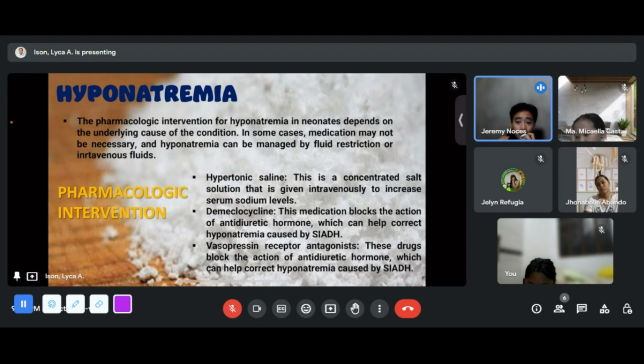So in cases where medication is necessary, the following drugs may be used: hypertonic saline, demeclocycline, vasopressin receptor antagonist. So sa hypertonic saline, this is a concentrated salt solution that's given IV to increase serum sodium levels. So dito, it increases the serum sodium levels to balance the amount of water and the sodium in the cell.